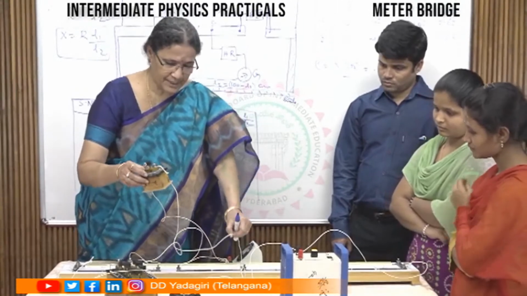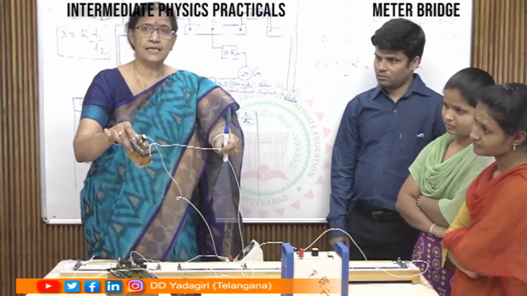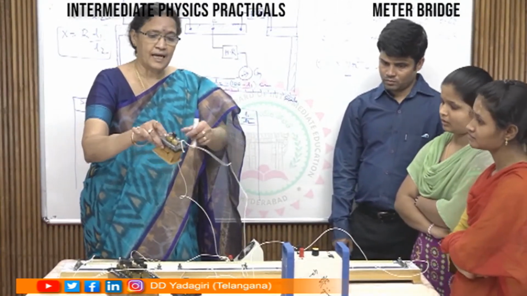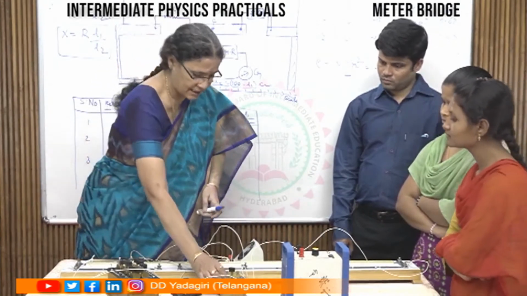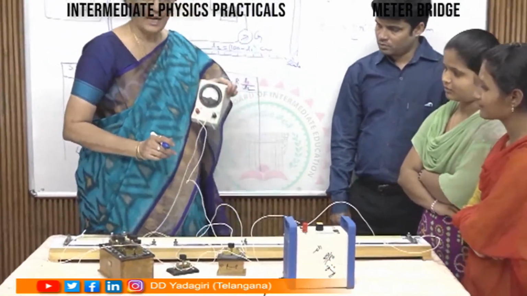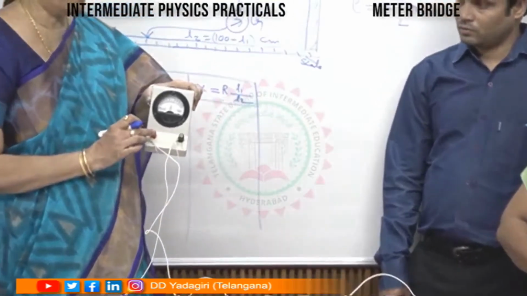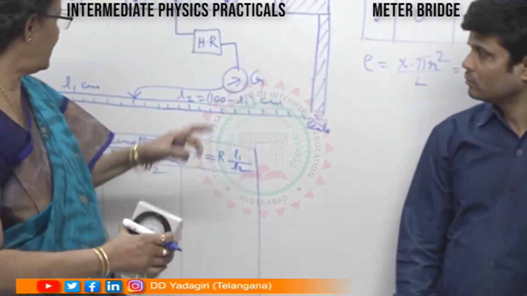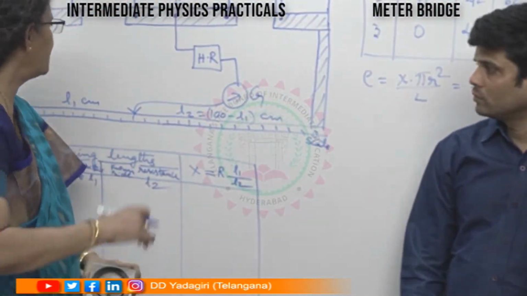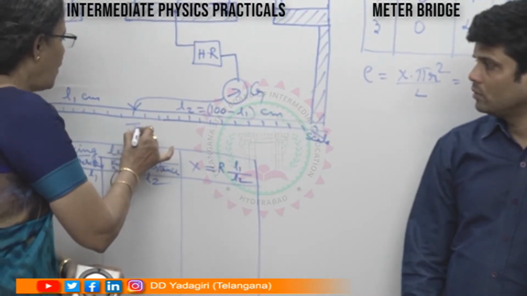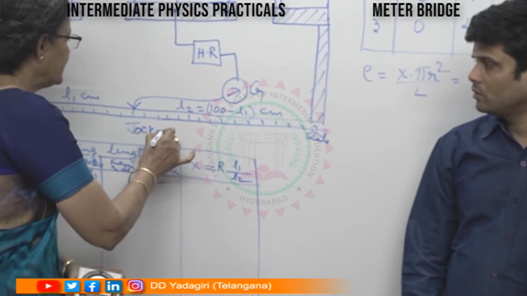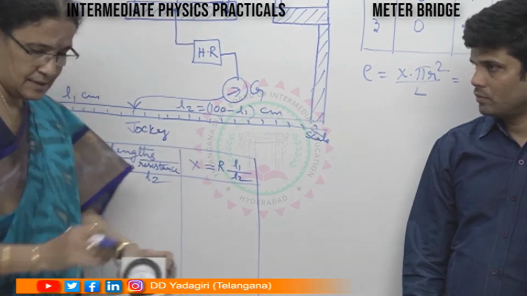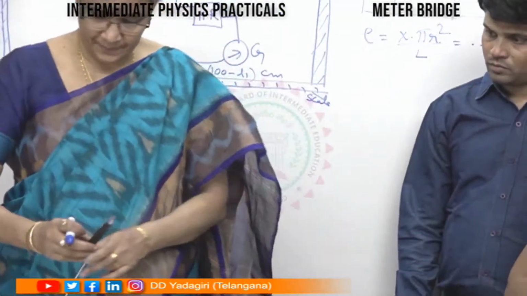So from the middle, I have connected this high resistance. The other end of the high resistance is connected to the galvanometer, positive, the red one. And the other end of the galvanometer is connected to J. This is called the jockey.